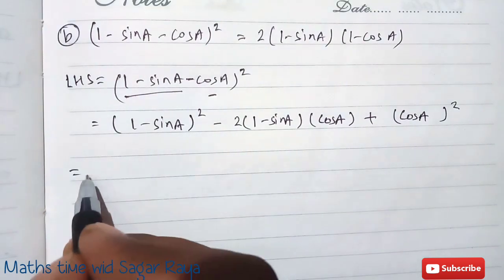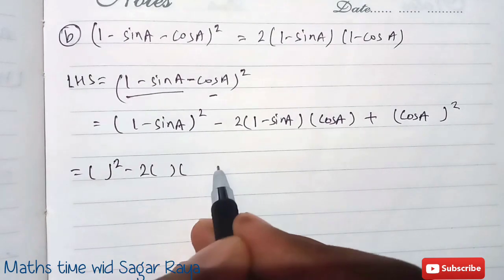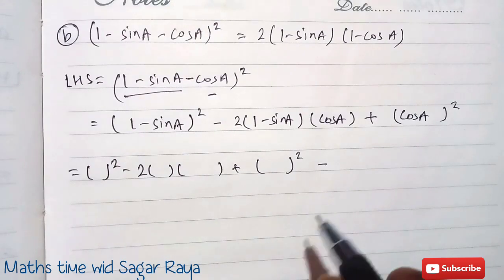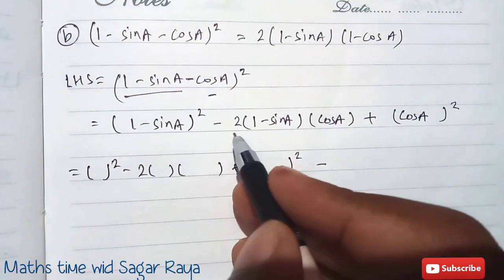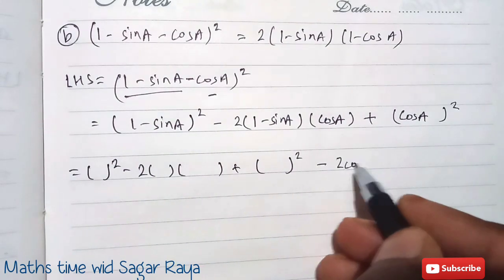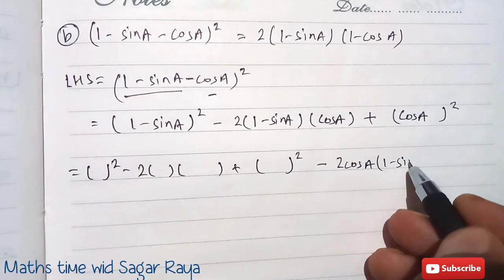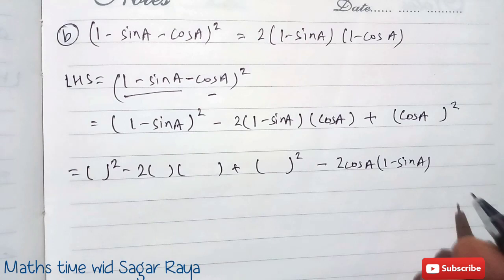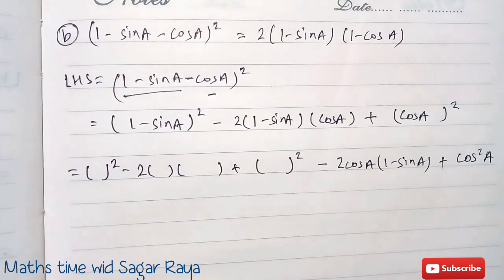So (1 - sin a) whole square minus 2 times (1 - sin a) times cos a, which can be written as 2 cos a times (1 - sin a), plus cos square a.